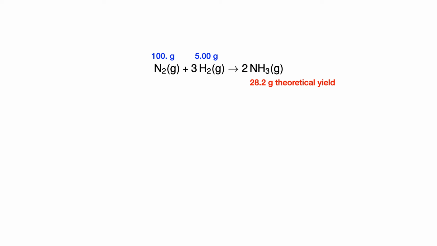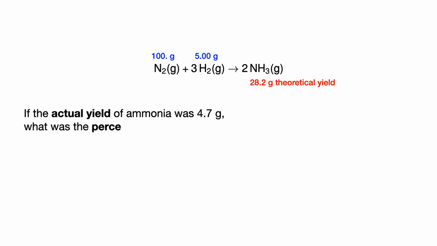Now, if we actually did this reaction under normal conditions, if we took 100 grams of nitrogen gas and mixed them with 5 grams of hydrogen gas, we might only get, say, 4.7 grams of ammonia. And so that 4.7 grams would be the actual yield of ammonia. That's the amount that we actually get. And that's just a fraction of what we theoretically expected.